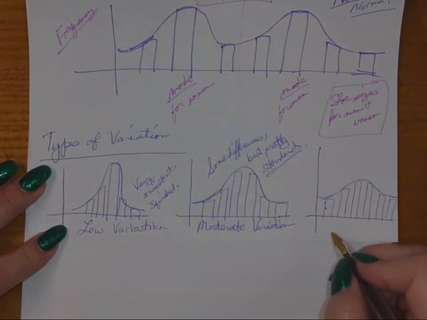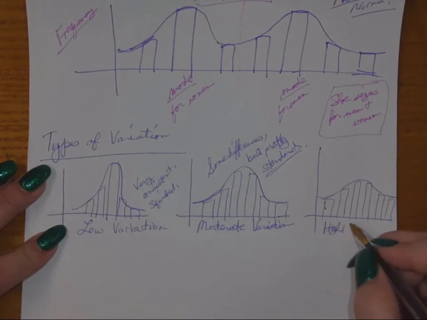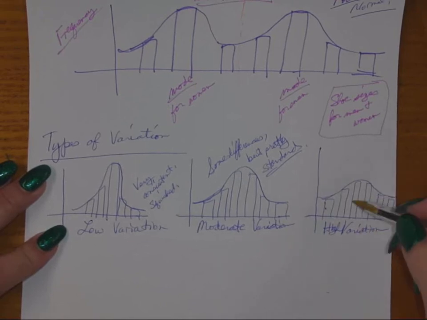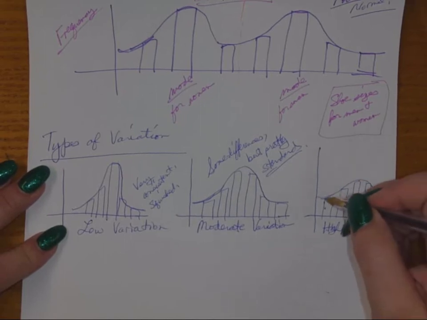And then this one, you're like, oh, this is a lot of variation. This is high variation. Nothing says here that you're necessarily more likely. I mean, yeah, there's a little bit of a bump here in the middle, but you're not really much more likely to get here than you are here, right?